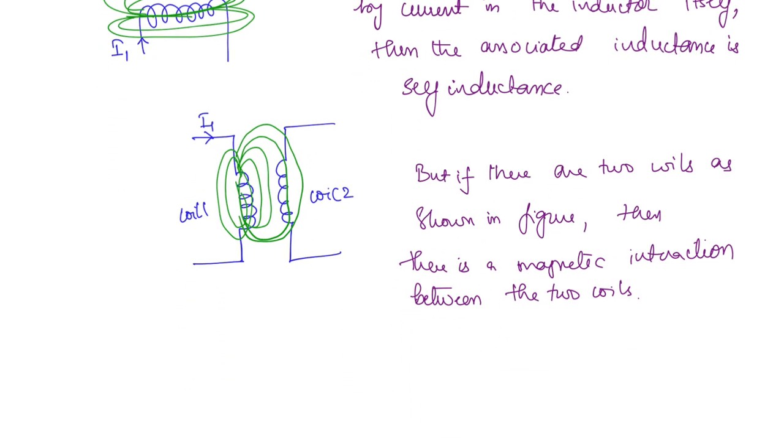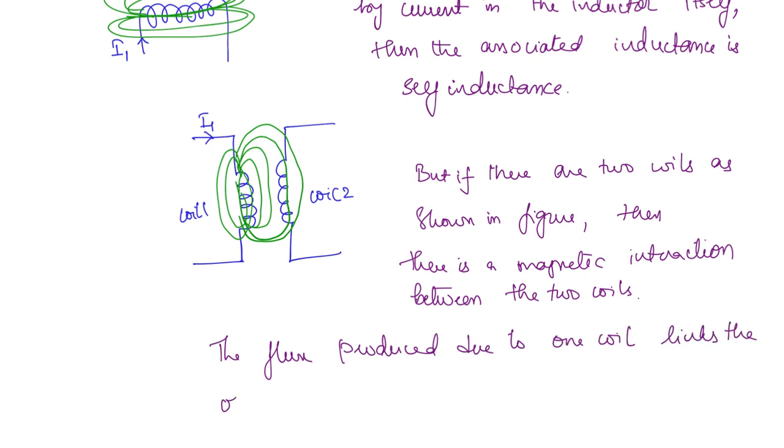So the flux produced due to one coil links the other coil as well. Okay. So the associated inductance is called the mutual inductance.